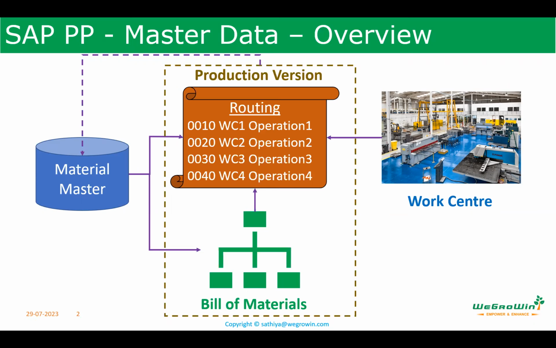The setup matrix in the routing: when you start the production, you need to set the machine properly first. It's not that you can start the machine immediately. For example, if you take perfume, if you are mixing it in one vessel, it has one perfume smell. Then the same vessel, you want to discharge it and mix another perfume.